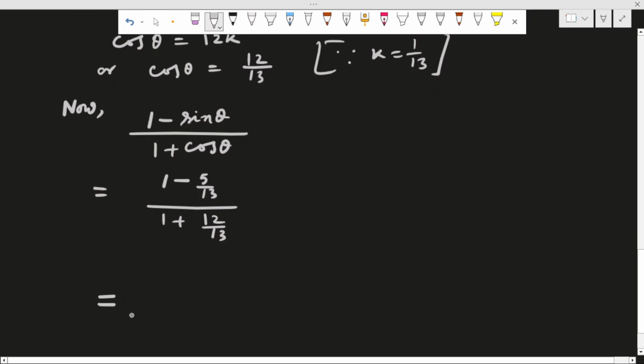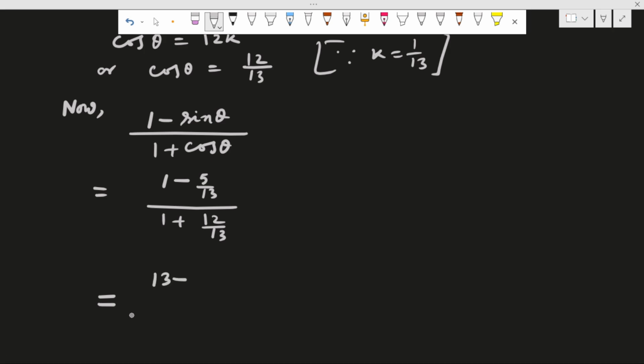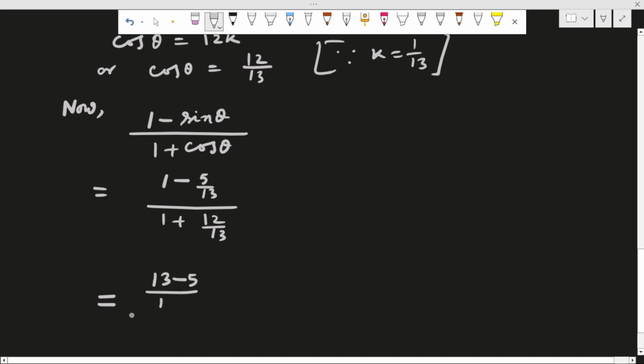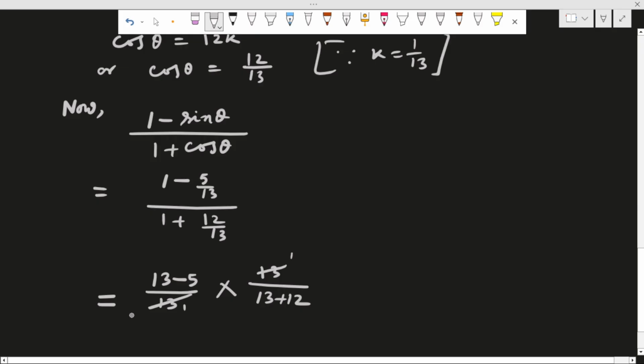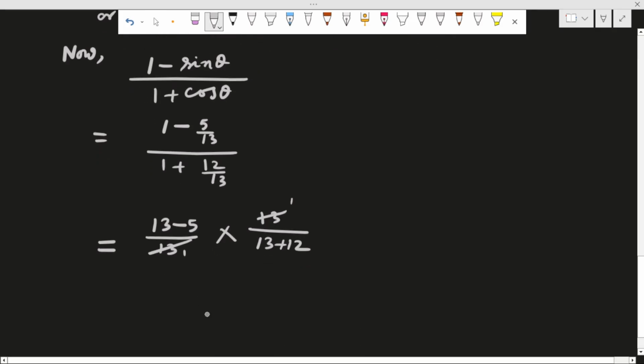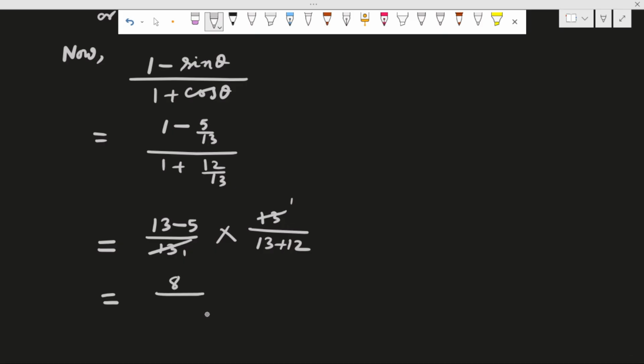LCM 13. Directly writing, 13 minus 5 by 13 over 13 plus 12 by 13. 13 cancelled out. 13 minus 5 is 8, and 13 plus 12 is 25.